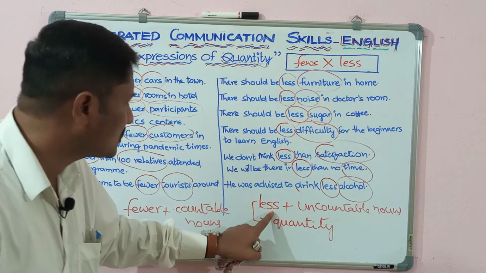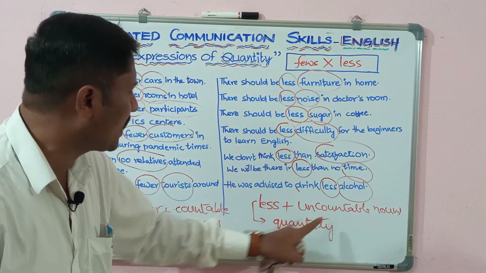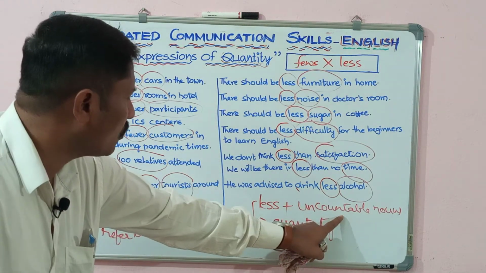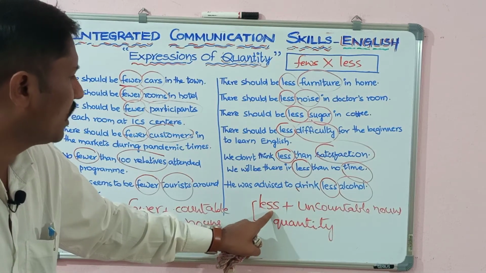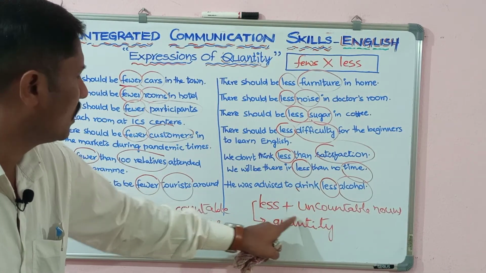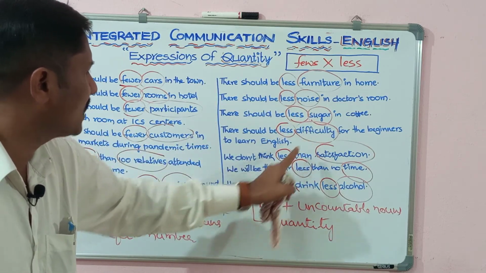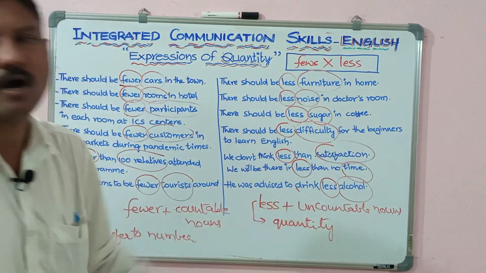When we use less, we should write uncountable nouns after less. So the uncountable noun after less must be singular, it must be an uncountable noun. So less furniture, less noise, less sugar, less difficulty, less satisfaction, less time, less alcohol.